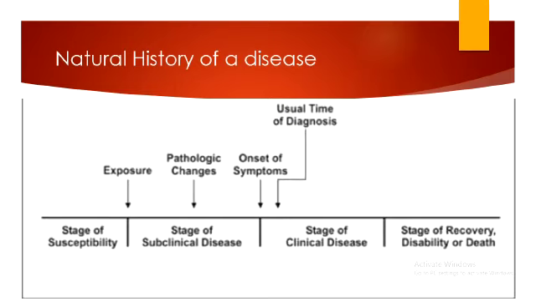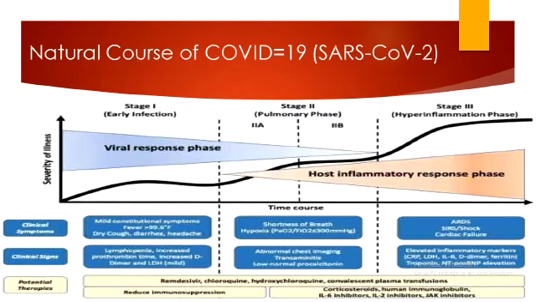And during this, if the appropriate treatment is given, the patient can recover, or if the system is strong, the patient can recover without any disability. Or if the disease is damaging, it can cause the disability of the patient. Or if the patient cannot recover, immunity fails, and the disease is very much lethal, the patient dies.